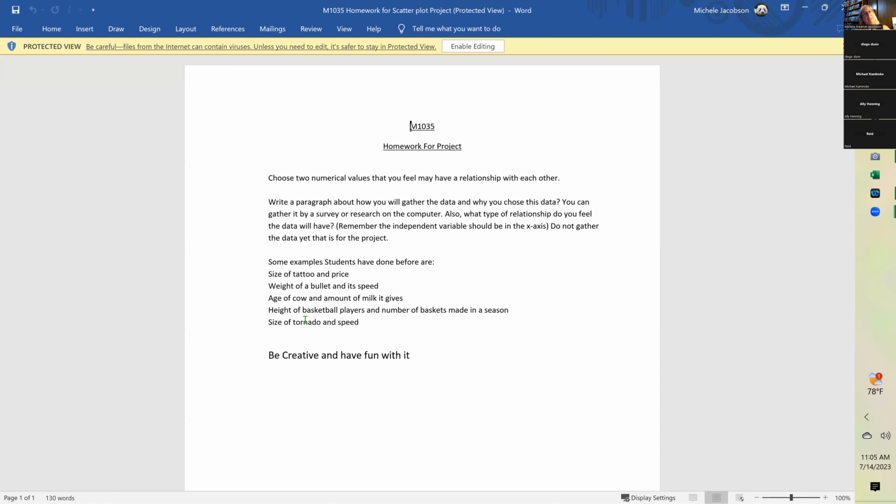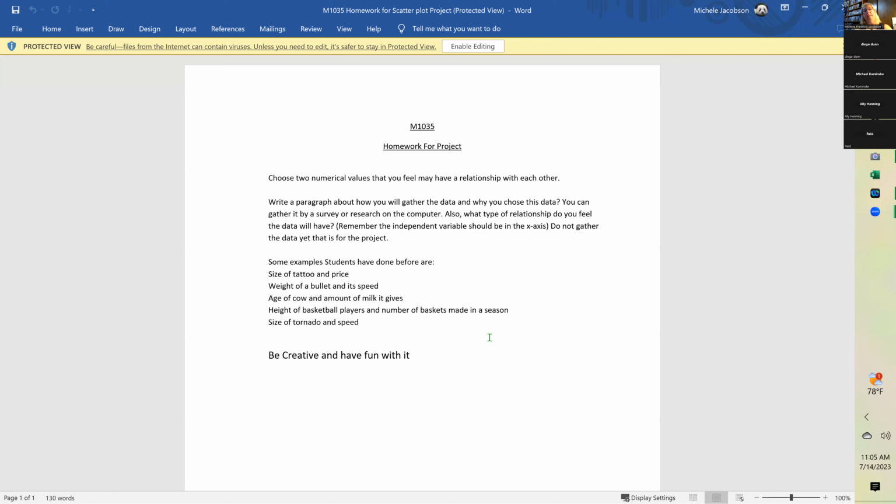Going too high, then it wouldn't work in that linear, which is fine. Height of a basketball player and the number of baskets they made in a season, the size of a tornado and its speed. But try and think of something that you're interested in. Have fun with it. Is there any questions on the project?